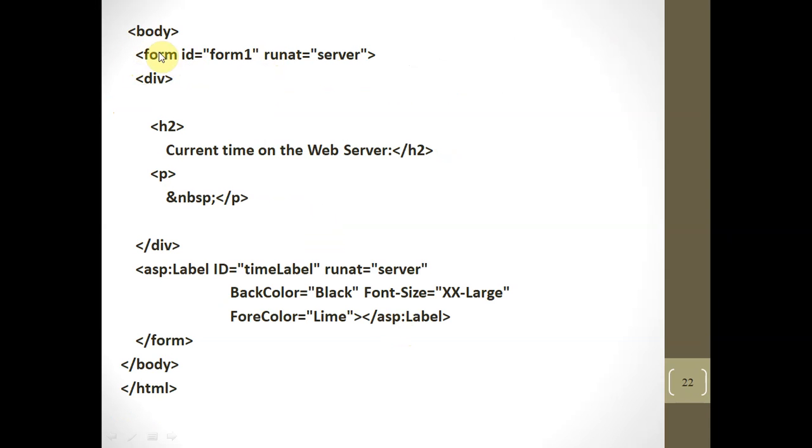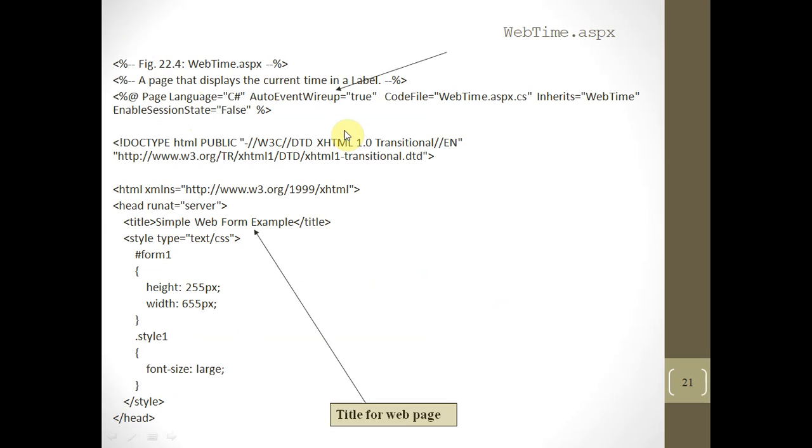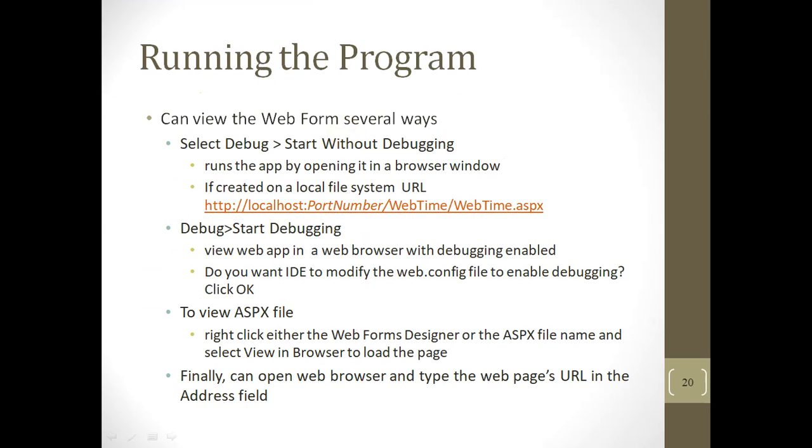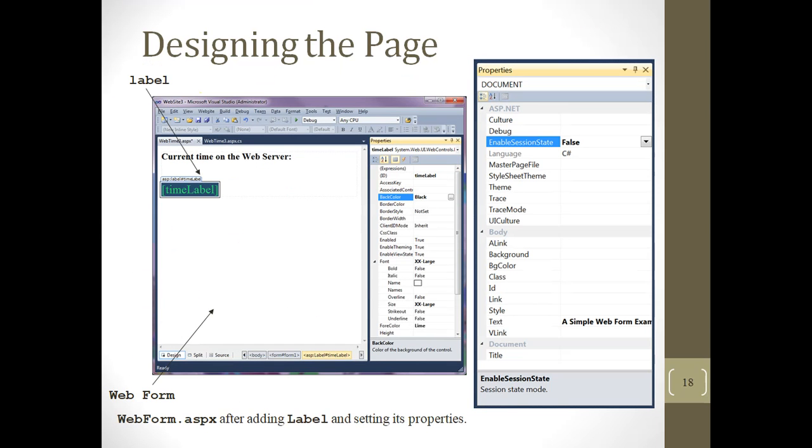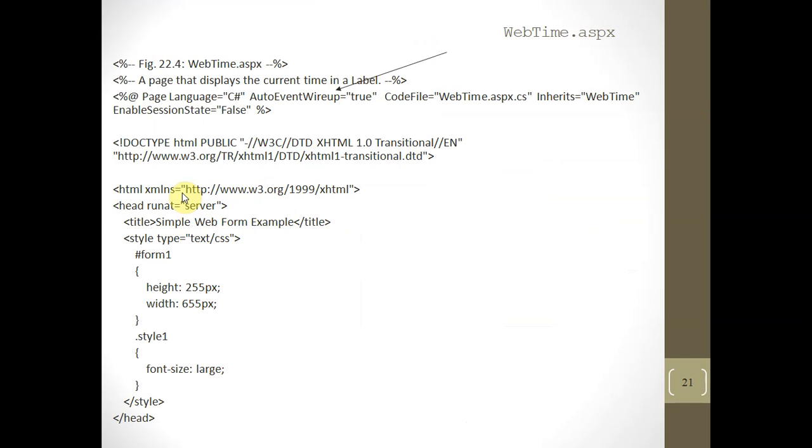Now see the form inside the same file. We have form id equals form1 runat server. So we have to mention the form name, and inside the form we have a heading, and this heading is current time on the web server. As per the output you can see here, current time on web server. This is given inside the division, and this is the label.